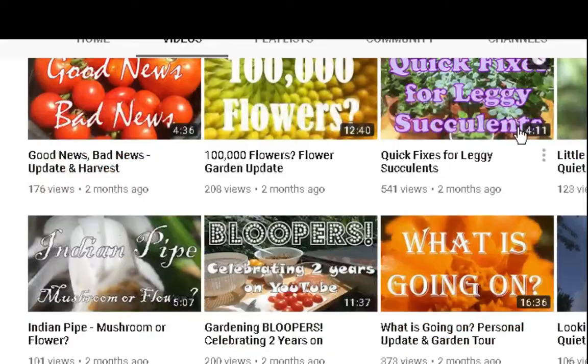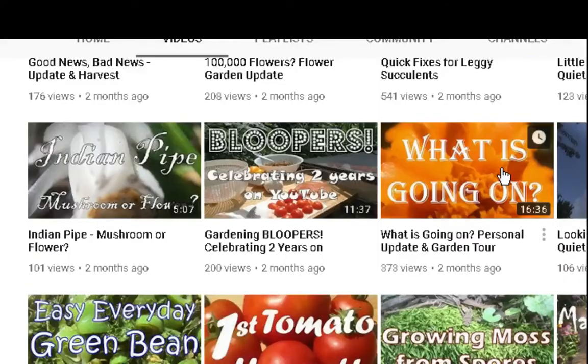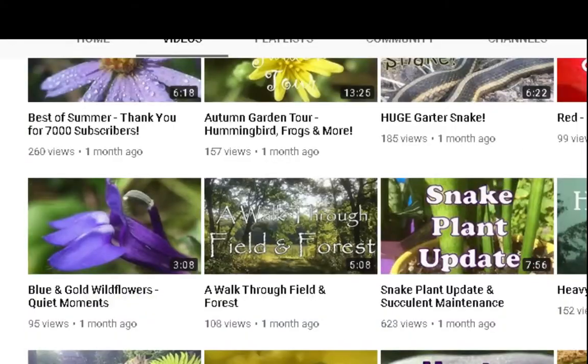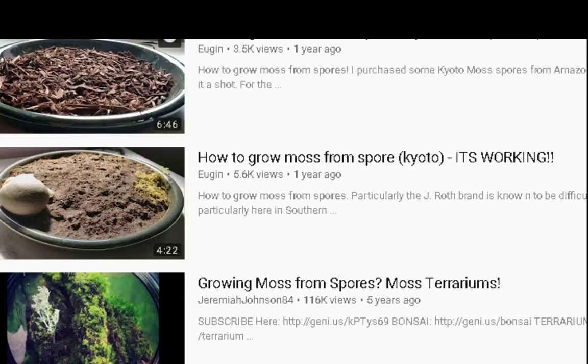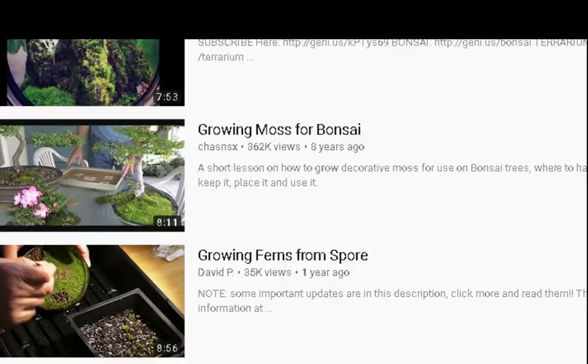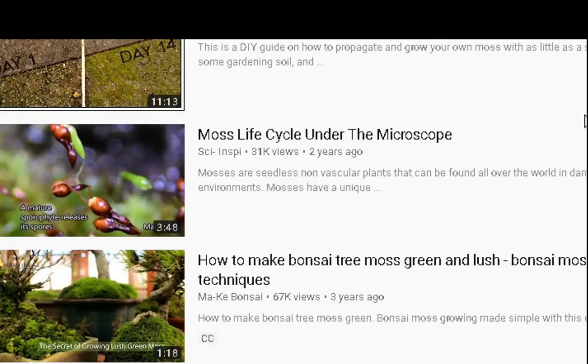Oh, I think I tried to look for this and I couldn't find it. Okay, there it is. I don't think there was a result. Maybe there was another. Growing ferns. Moss life cycle under a microscope. Let's see what that is.